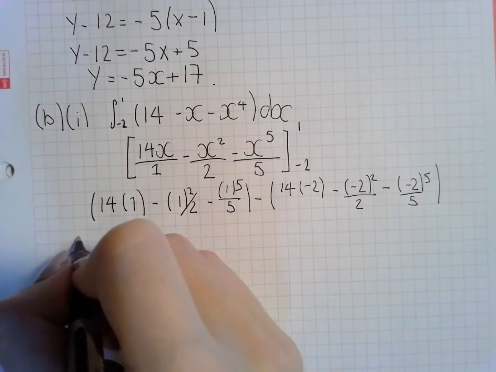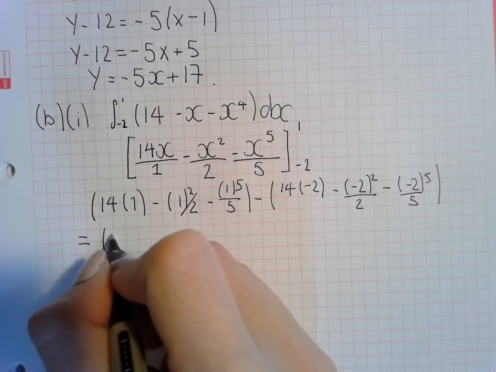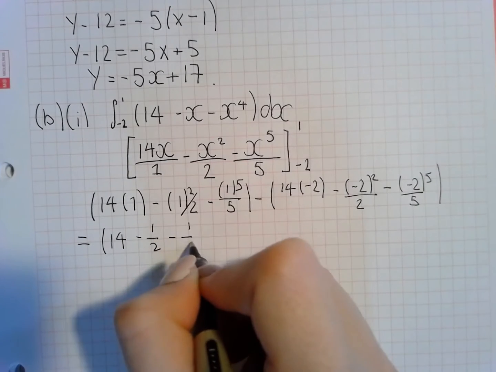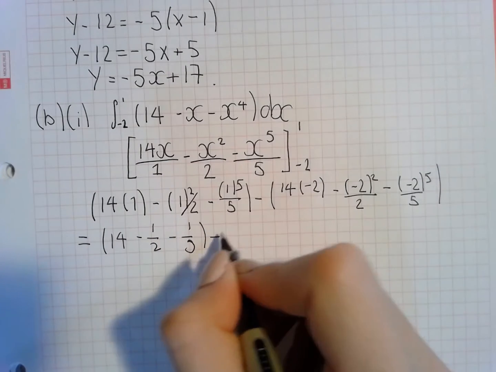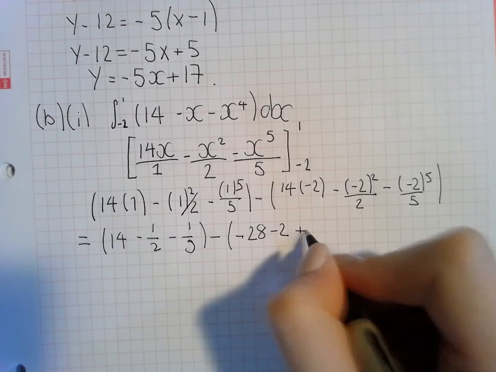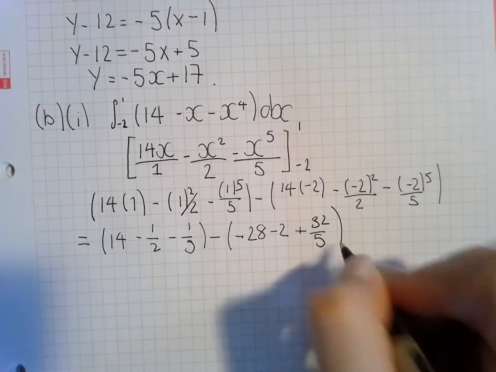This all comes out as 14 minus 1 over 2 minus 1 over 5, minus minus 28 minus 2 plus 32 over 5.